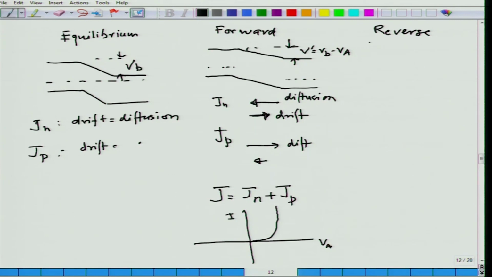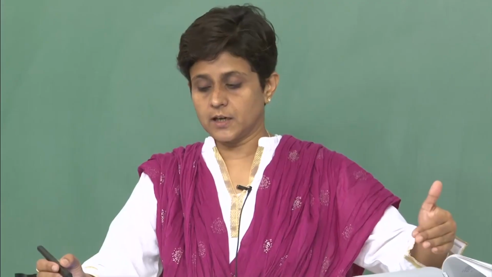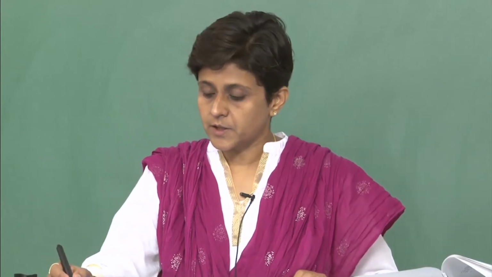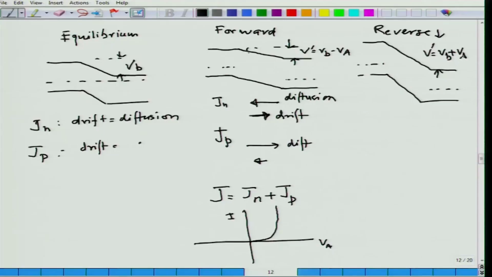When I do the reverse bias, the situation is slightly different. The difference between the two further increases quite a lot. Now, in this situation, the voltage between the p and n type has changed from whatever was the built in potential in equilibrium, when you had drift and diffusion equal. This has become V b plus applied potential V a. Now, what does that do?